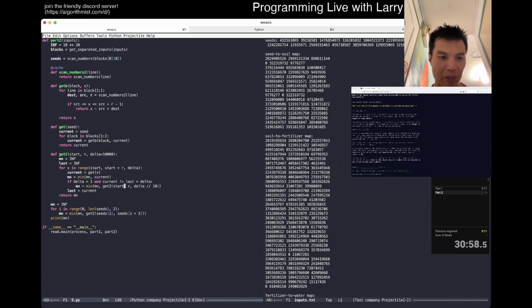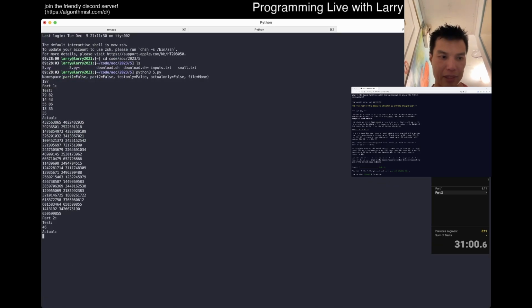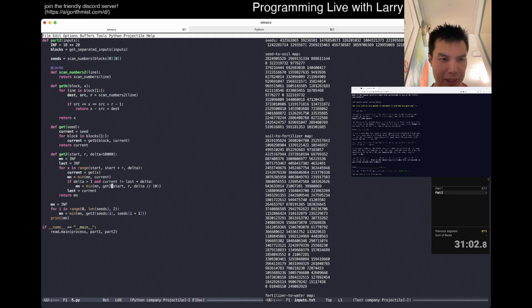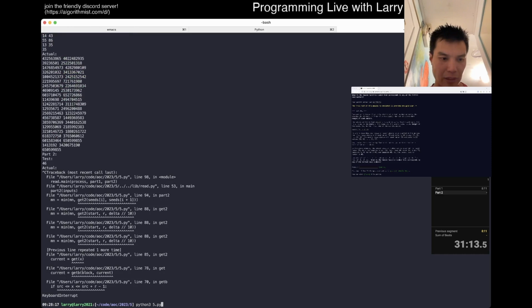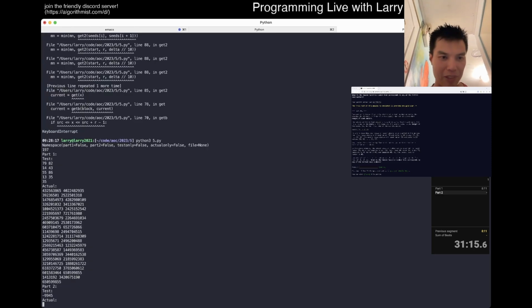Oh, no, that's why. Because this isn't right. What I mean is go from x minus x. So the current number is x, and then x minus delta. Okay. Okay, that is really wrong.